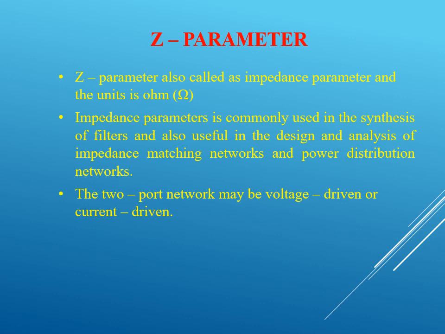These impedance parameters are commonly used in the synthesis of filters and are also useful in the design and analysis of impedance matching networks, as they find a wide variety of applications in communication systems and transmission lines. They are also used in power distribution networks where power is distributed along various units of the circuit. Now the two-port network may be voltage driven or current driven.